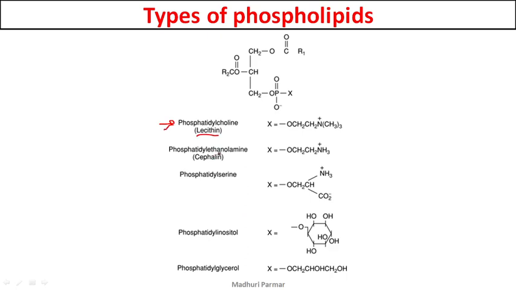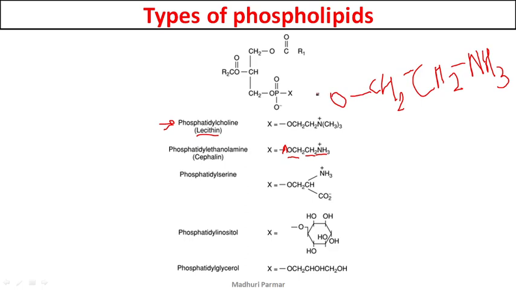Then there is phosphatidyl ethanolamine. Ethanolamine is OCH2CH2NH3. So this is the ethanolamine. Ethanol because CH2 CH2 and this was actually OH. So CH2 CH2 NH3, and on this side you have OH.